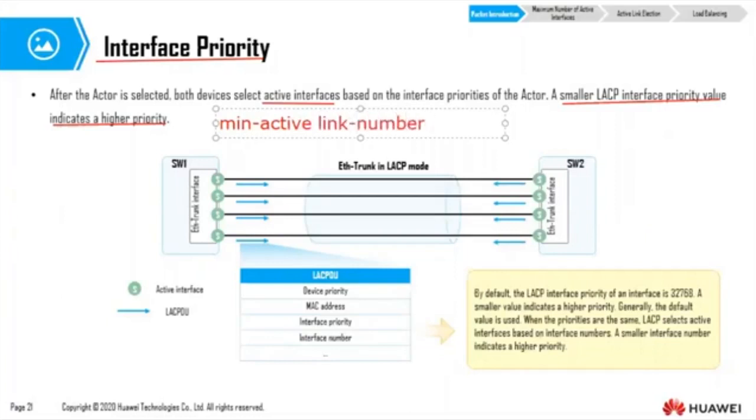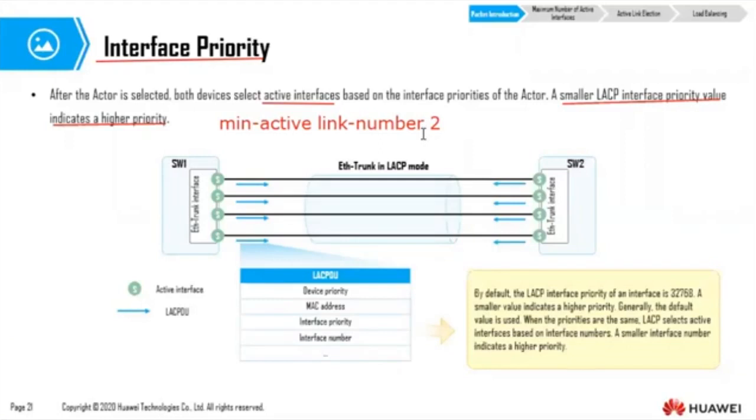Then maybe you specify 2. So when you do that on an Ethernet trunk and it has 4 links, then only 2 links are going to be selected as active links.